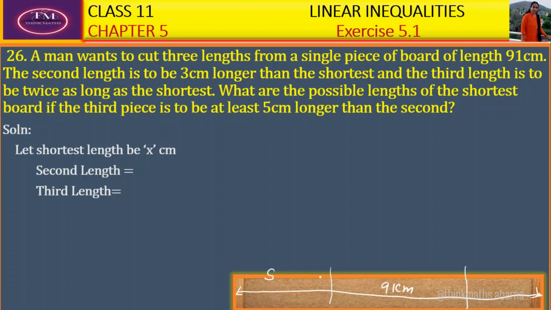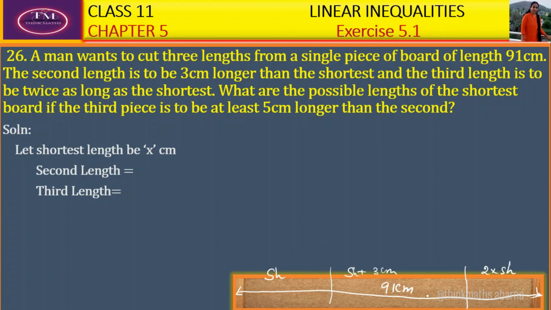So if this is the shortest, the second piece should be 3 centimeter longer than the shortest. And the third length has to be twice as the shortest, 2 times shortest. This is the condition.